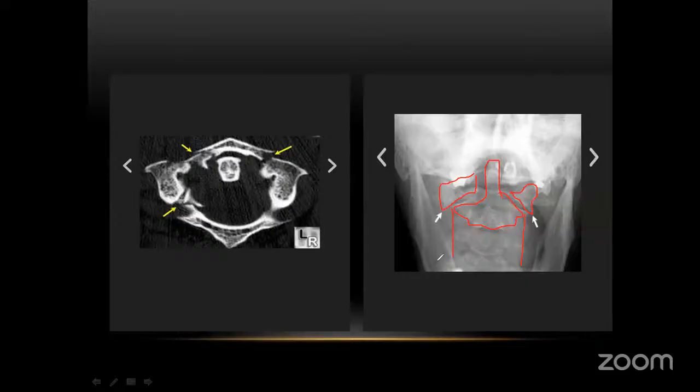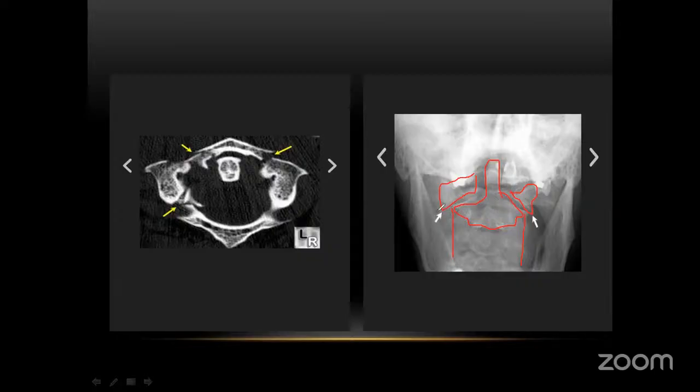What is the second name for this? Lateral mass angulation. Lateral mass angulation, lateral mass overhang, it is the same thing. This is the rule of Spence. When the bilateral lateral mass overhang of C1 over C2 is more than 7 mm, we count this overhang as the extra one.